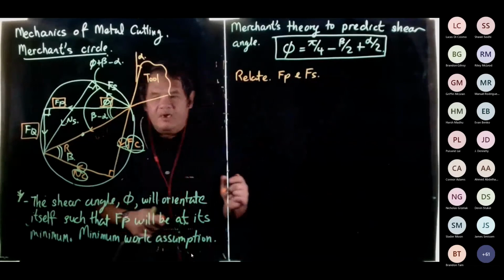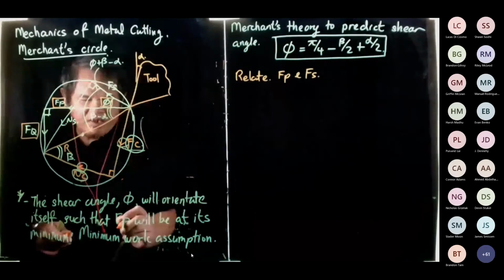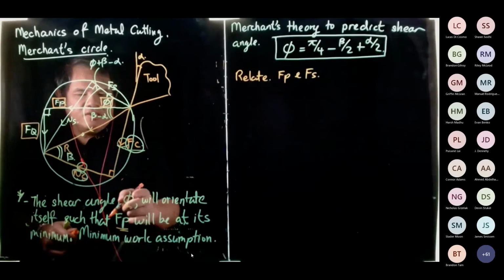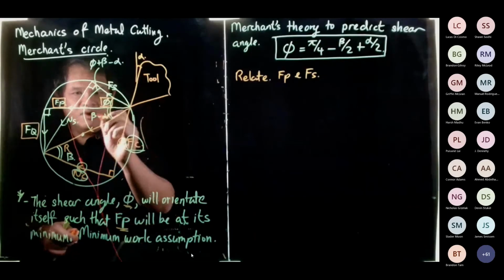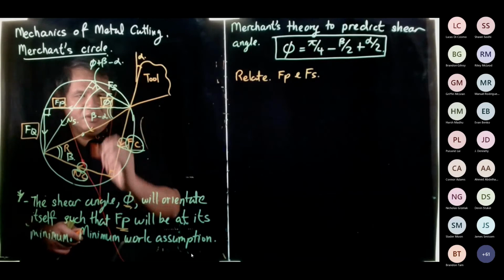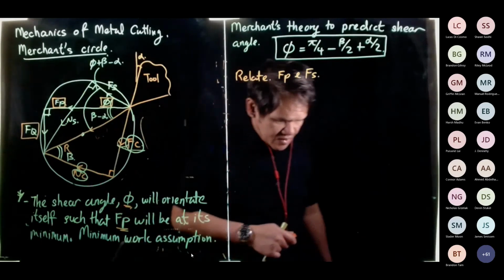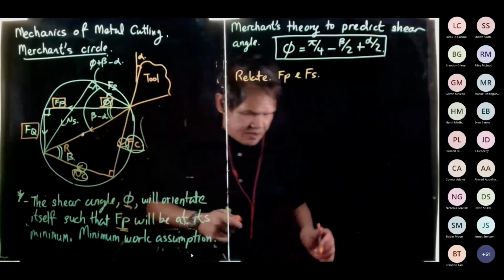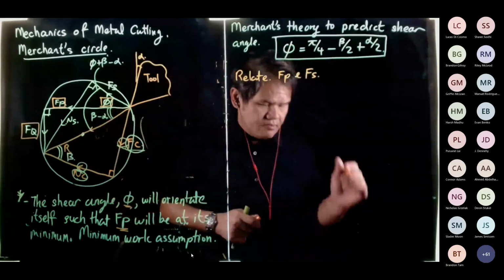Why Fp and Fs? Because Fp is because of the minimum work. Fs is because of the shear angle. Right? The shear angle is trying to relate Fp with Fs. Okay.